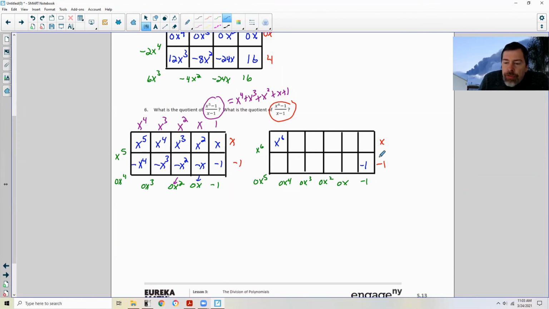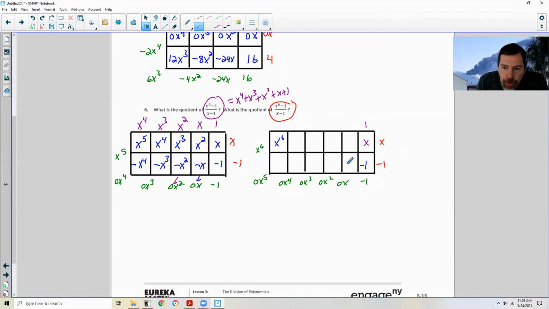So then I asked myself, to get this -1, this had to be -1 here. And to get -1, I have to multiply by 1. So this will be a 1 up here. -1 times 1 is -1. So now if I take x times 1, I get this x right here.